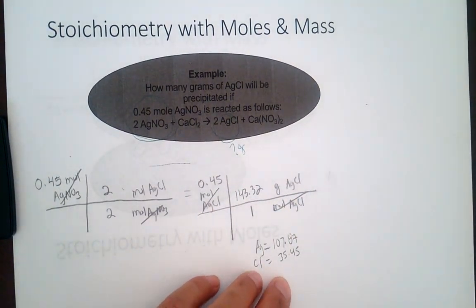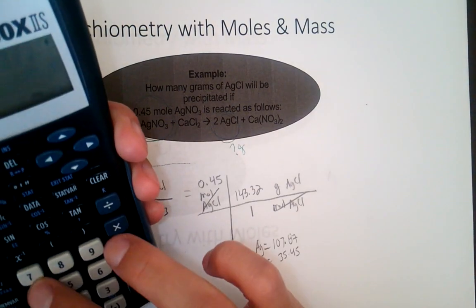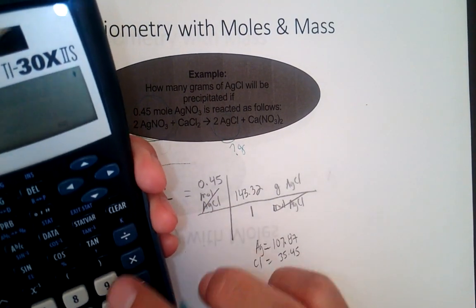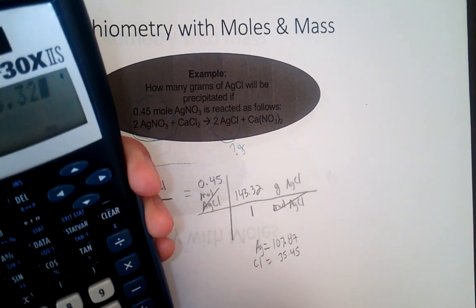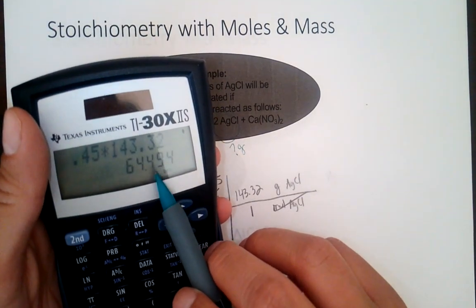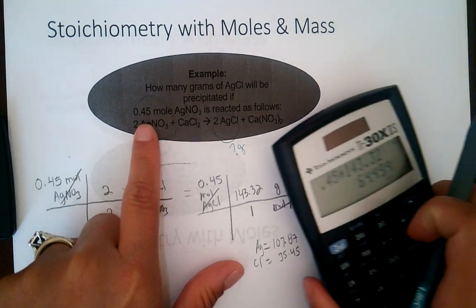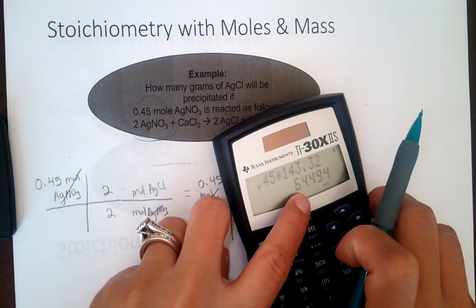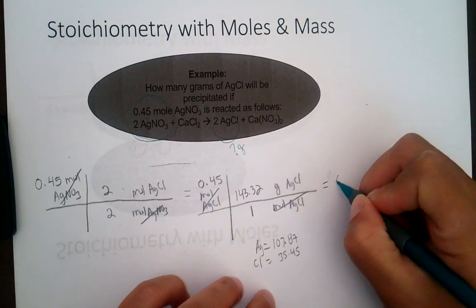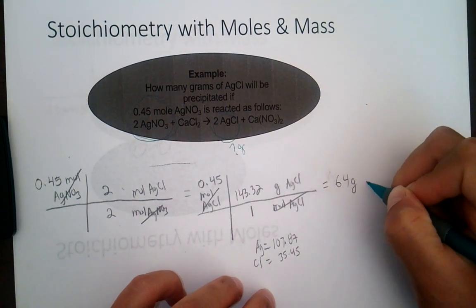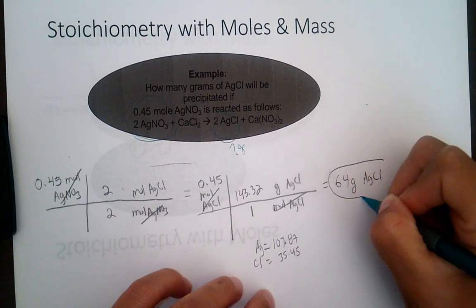We got rid of moles of AgCl, so I'm multiplying 0.45 times 143.32, and I get 64.494. Now I only want 2 sig figs, because that's what I started with. So I'm going to round it to just 64, and that would be 64 grams of AgCl.